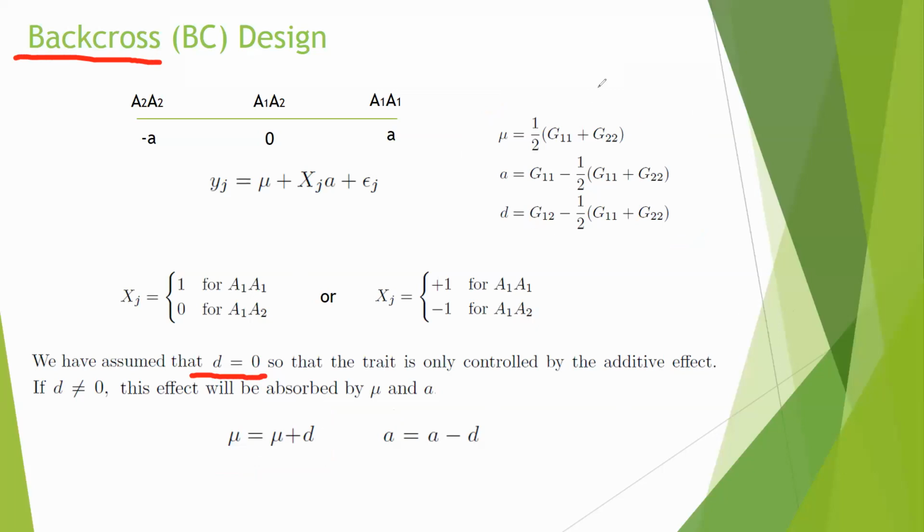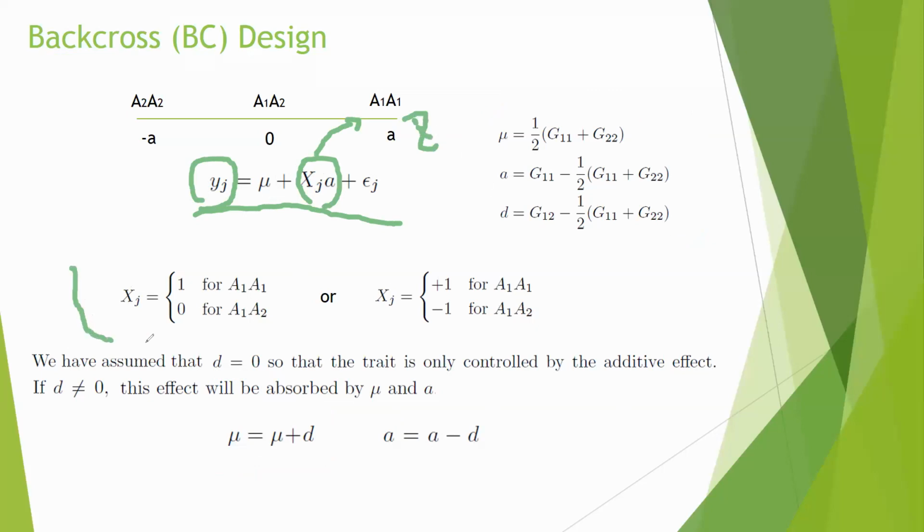In this case, we're going to use this simplified linear model to describe the relationship between the phenotype and the genotype. As Mariano mentioned, this is the X variable. The X variable here is equivalent to the Z variable we used in the previous slide.